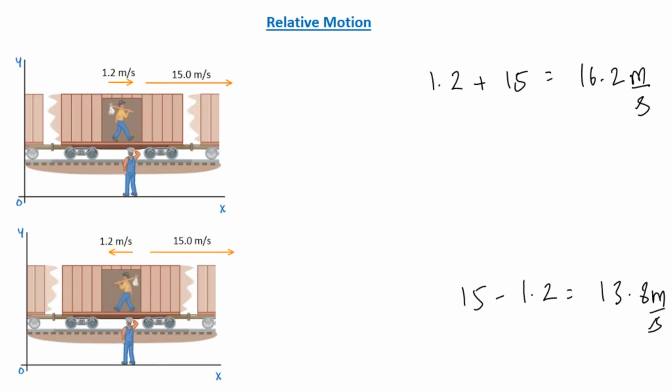Now let's try to generalize these results. So let the velocity of the train relative to the ground be VTG, and I'm writing it also. This is velocity of train relative to ground.